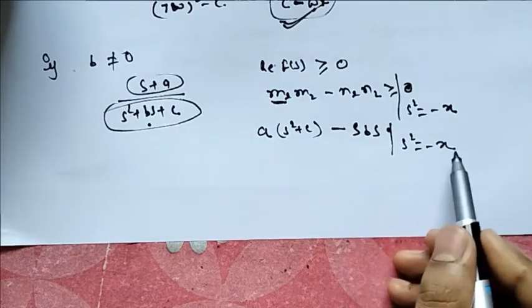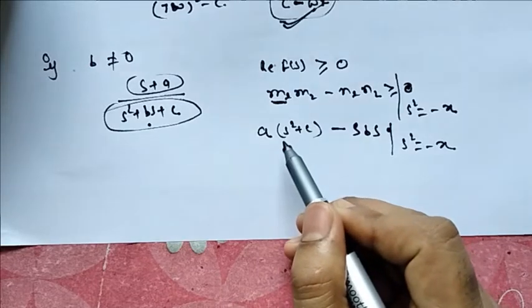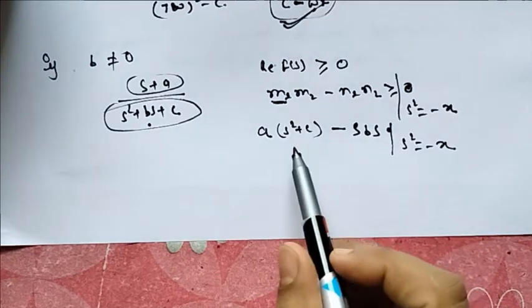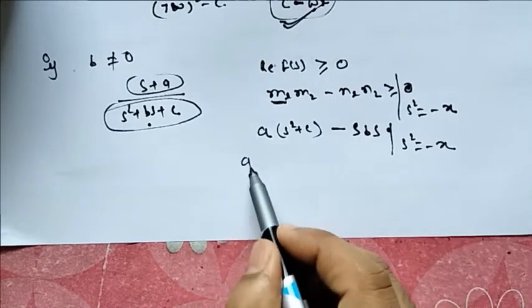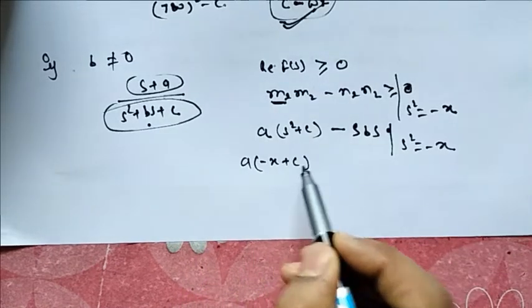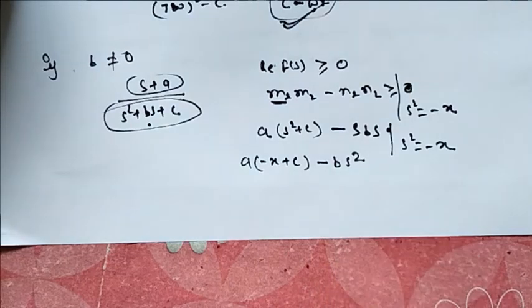Now if I put s equal to minus omega square, this will become a quadratic equation, so we don't want that. Now I am putting s square is equal to minus x. A into minus x plus c, minus b s square.